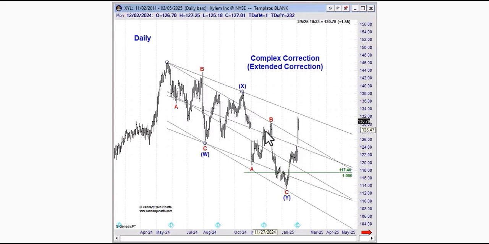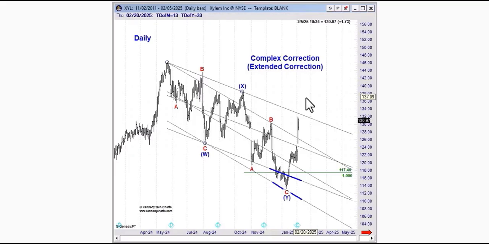I like to utilize the extreme of wave B. And what this often does is create a little bit of a zone between the 2 trend lines where you would tend to expect the termination of the actual pattern, as you can see, which is precisely what occurred in Xylem here. Again, ticker symbol XYL.